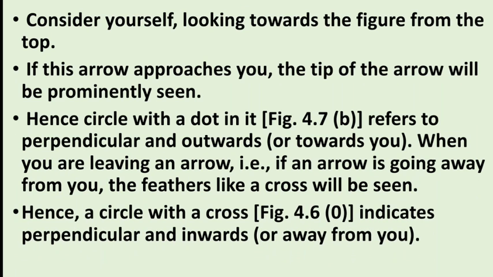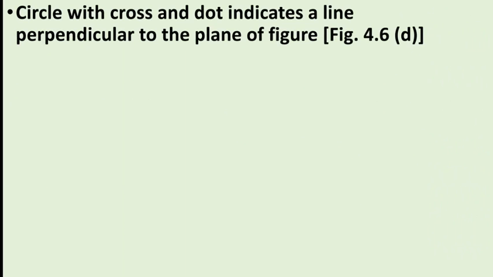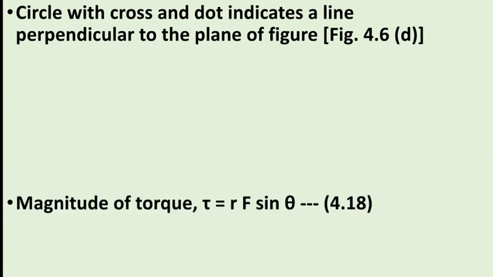Hence, a circle with a cross, figure 4.7a, indicates perpendicular and inwards, or away from you. Circle with cross and dot indicates a line perpendicular to the plane of paper, which is shown in 4.7d.